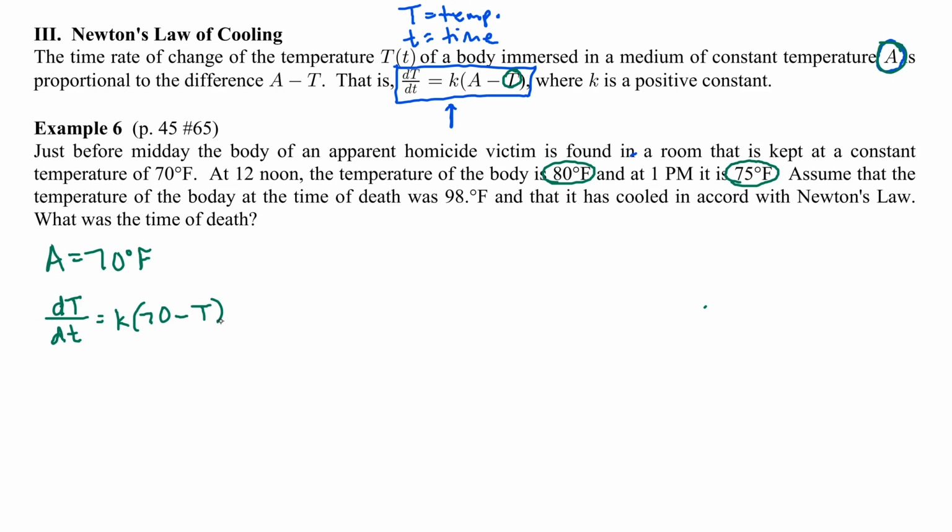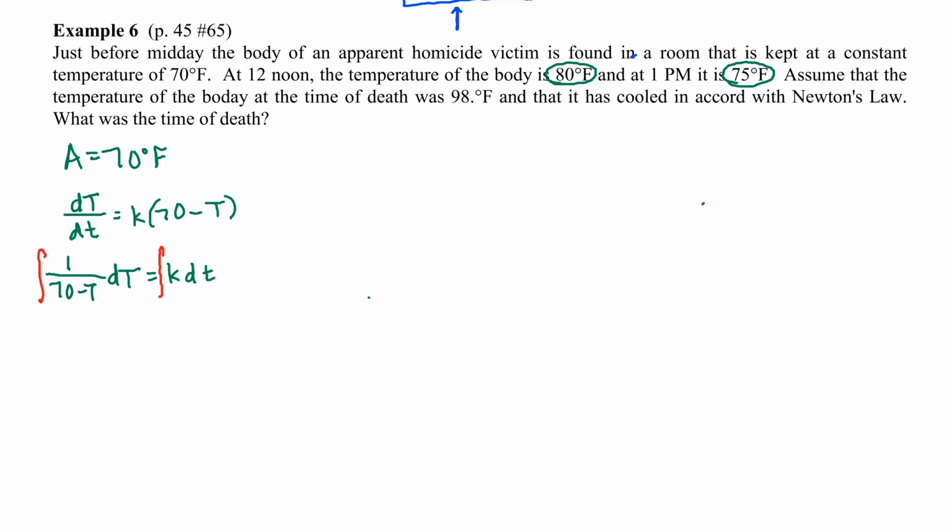So we want everything involving a capital T over on the left side. So I'm going to divide both sides by 70 minus capital T, and I'm going to leave my dT on the left side. And then we can multiply both sides by dt. Then I can integrate both sides with respect to the appropriate variable.